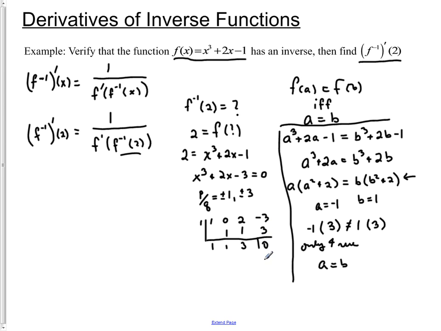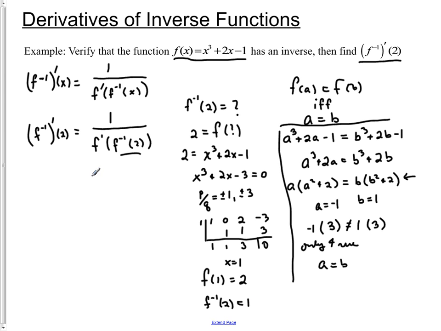Sure enough, x equals 1 is a 0. And what is that? Well, that means that f of 1 is equal to 2. And therefore, f inverse of 2 must equal 1.